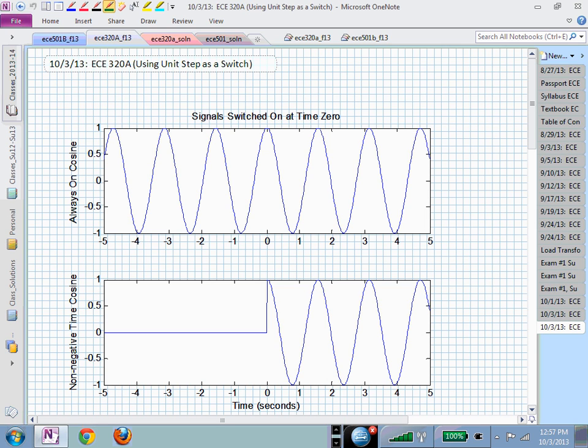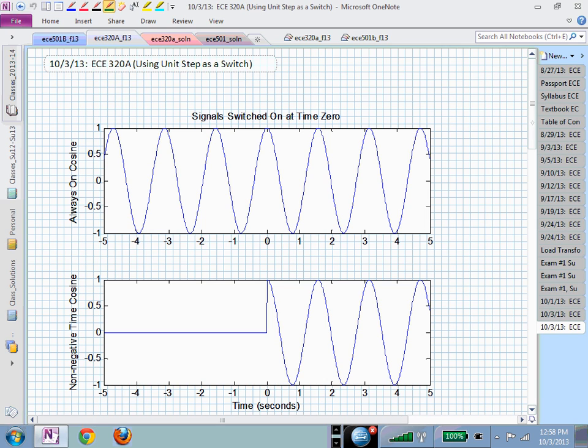If I switch it on at 0, this is what x of t looks like. And that's the kind of signal we want to Laplace transform, the one below. We're not assuming that this cosine is happening for all time. We're just looking at signals that are one-sided, that only start at time t equals 0. And then we look at what happens.